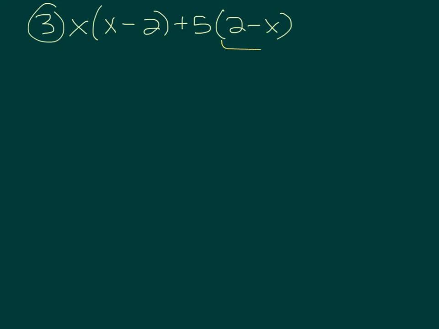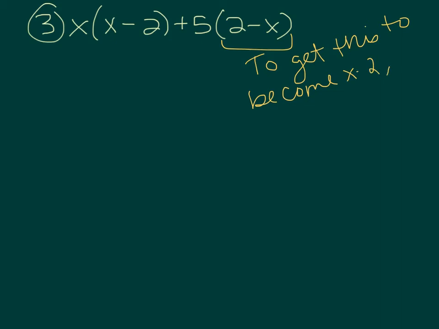So to get this to become negative x minus 2, you can factor out a negative 1. And you'll see why I'm going to do that in just a minute.